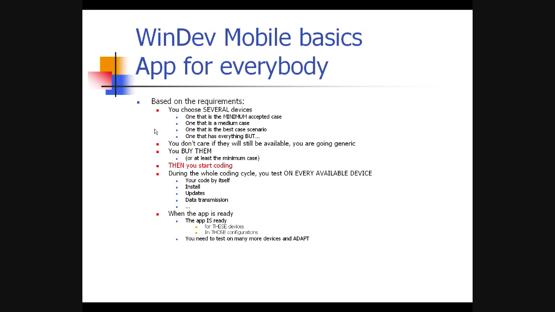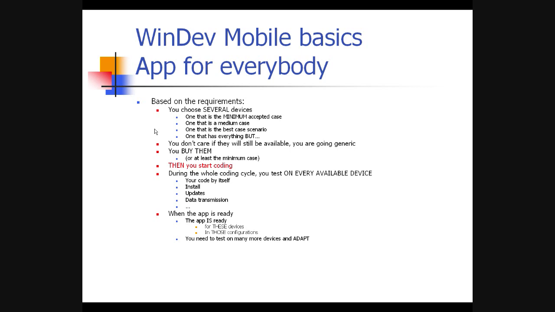So at that point, if you really want to go generic, you need to test on many more devices, and you will have to adapt and modify your software in order for it to work on all these other devices. You don't need to do that during the whole development cycle. It would take forever.